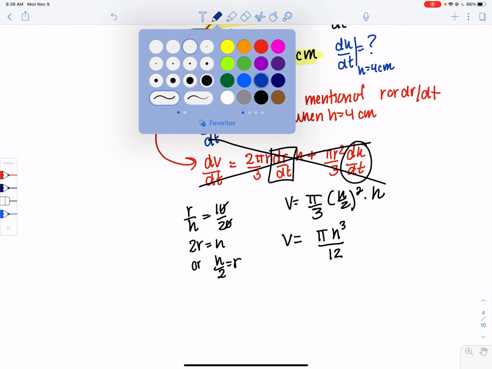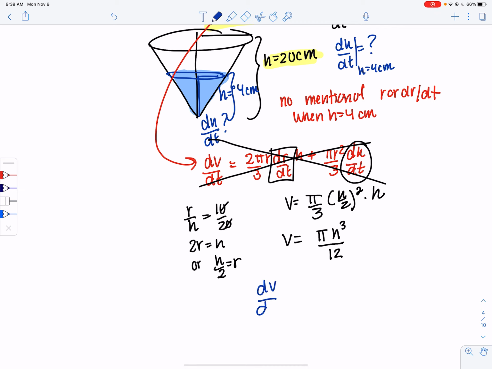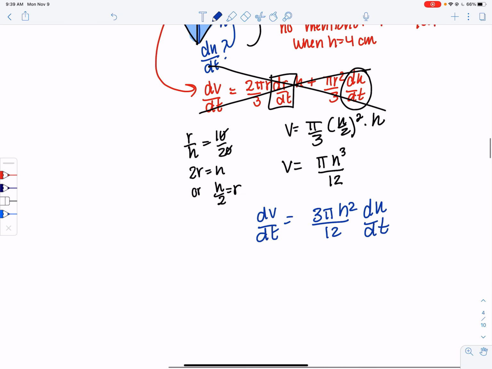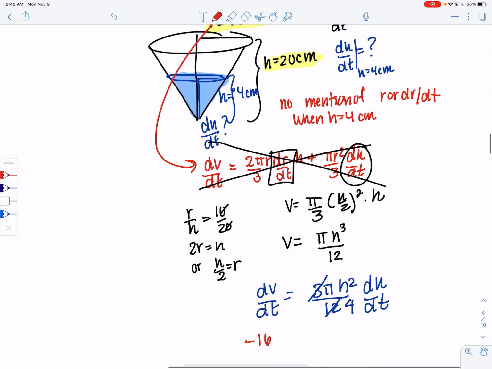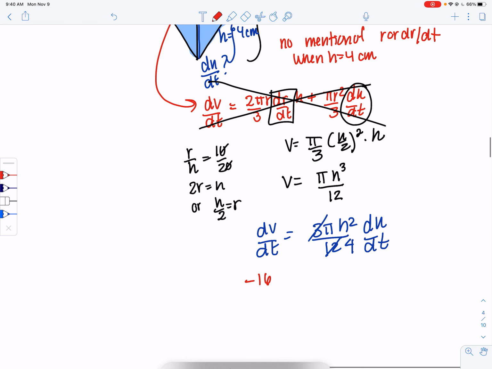Now I can take the derivative with respect to time, and I get 3 pi h squared over 12 dh/dt. Now I can solve for dh/dt, given that dV/dt is negative 16 pi over 3. And then I have h squared over 4 pi, when h is also 4.